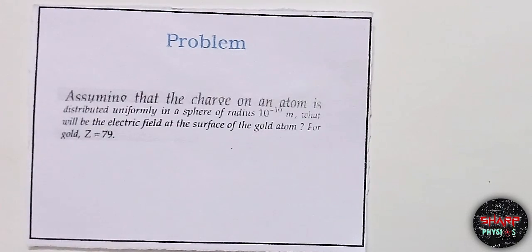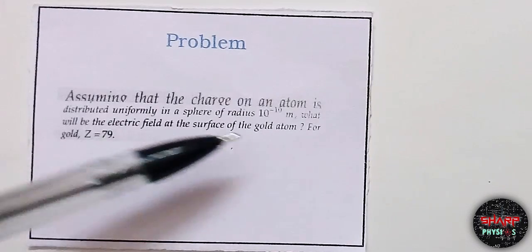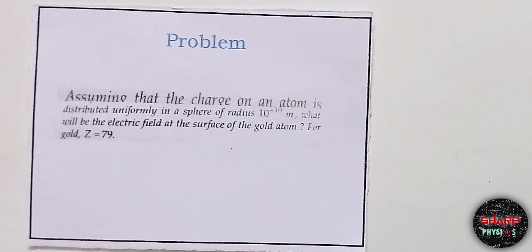Assume that the charge on an atom is distributed uniformly in a sphere of radius 10 to the power minus 10 meter. What will be the electric field at the surface of the gold atom? For gold, Z is equal to 79.